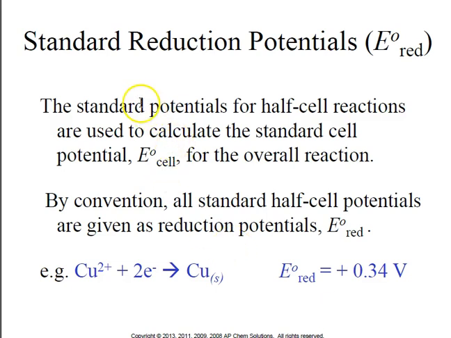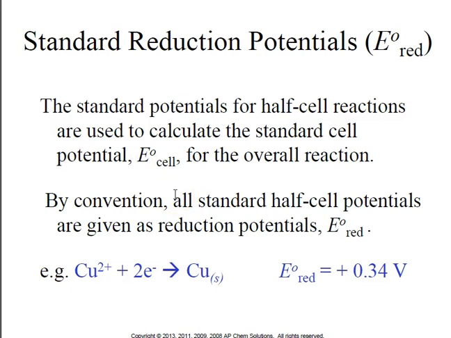We can then use these standard potentials for the anode and the cathode to calculate the overall voltage or overall potential of our complete cell. So the standard potentials for half cell reactions are used to calculate the standard cell potential for the overall reaction.